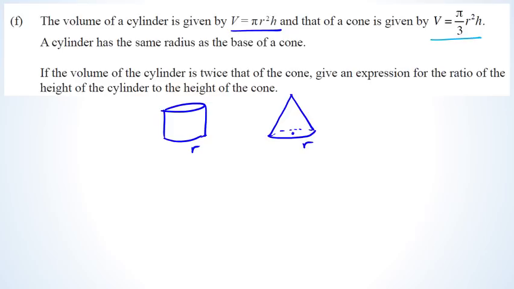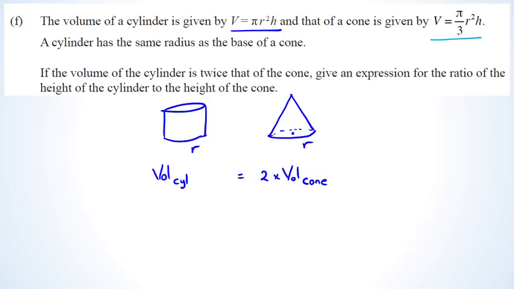So what they're saying is volume of cylinder equals 2 times volume of the cone. And we want to find the ratio of the height of the cylinder to the height of the cone.